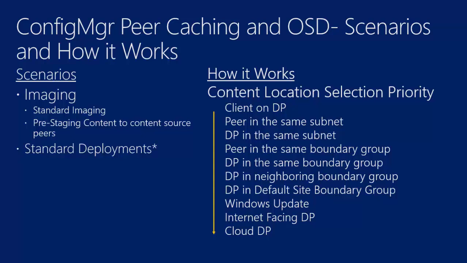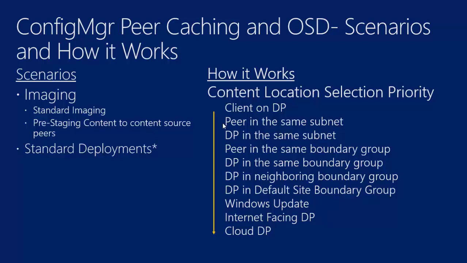Beyond that, again, I mentioned that we will use our boundary groups as a way to define our super peers or content source peers we can talk with. But within that boundary group, we can opt to only allow devices that are on the same subnet to use a peer on that same subnet. That's this next selection criteria.